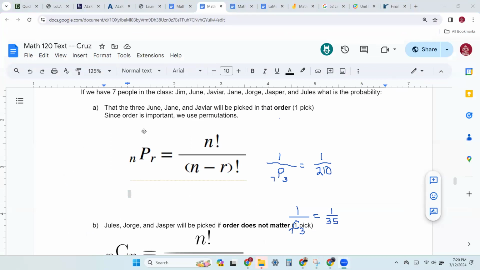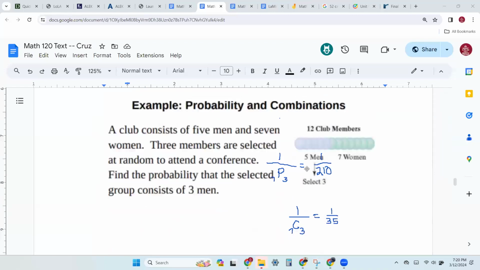All right. So now, they're not always going to be one pick. Sometimes it could be more. Let's look at an example. All right, here's one. Takes a little bit of thinking, but it's going to involve combinations now.